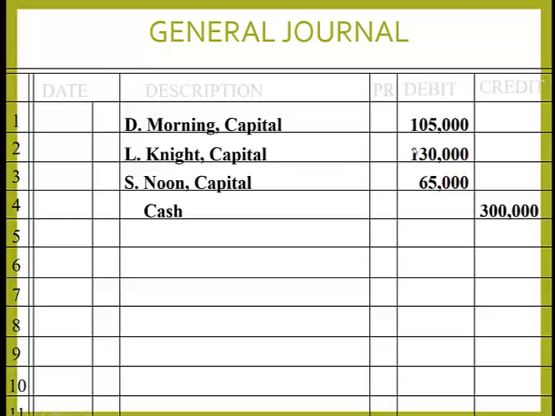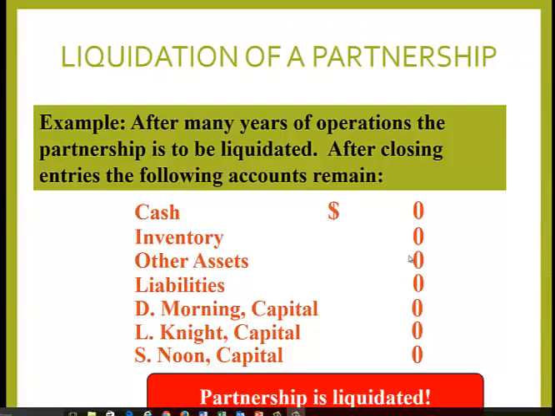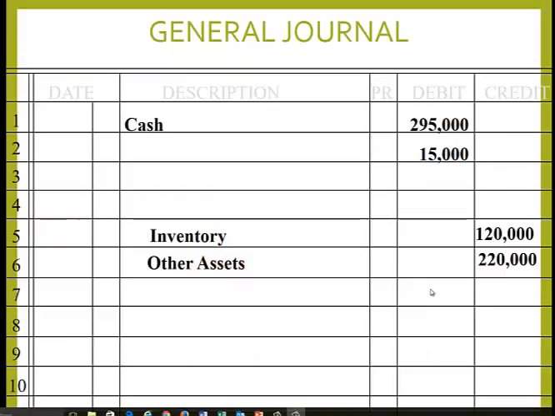That will bring the partnership accounts to zero. Likewise, the credit to cash here for $300,000 will bring the cash account to zero. So when we look back at our balances, all our partnership balances now are zero, and the partnership has been liquidated.